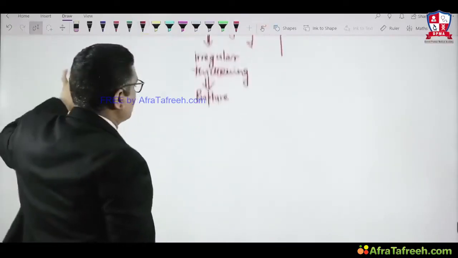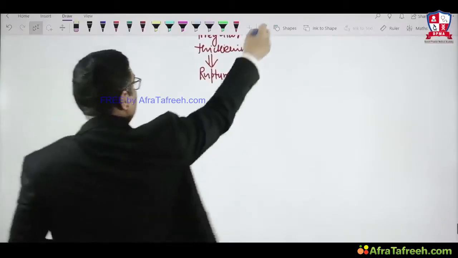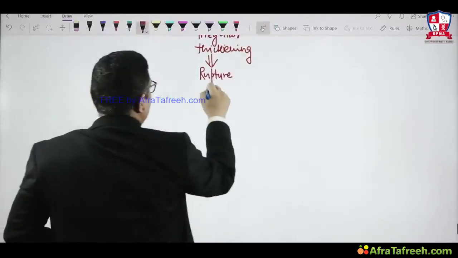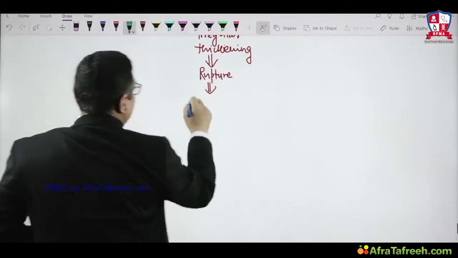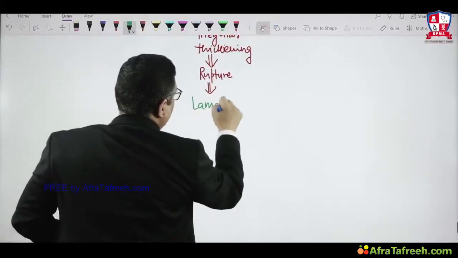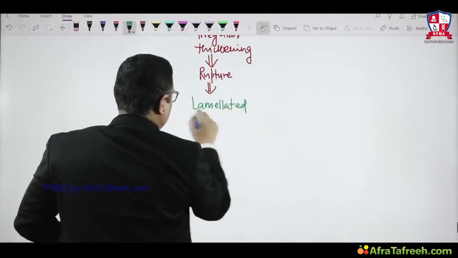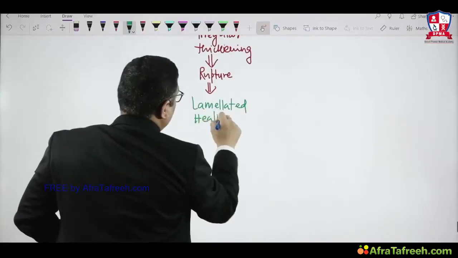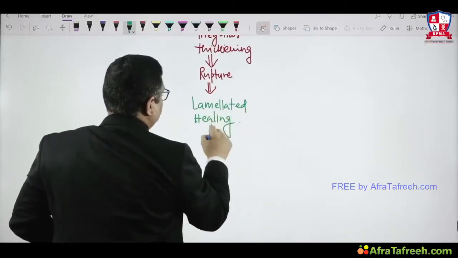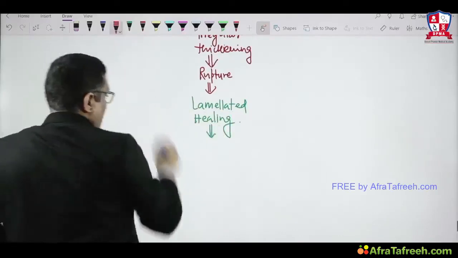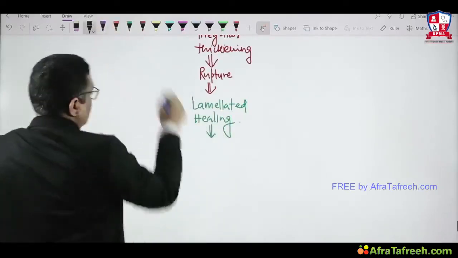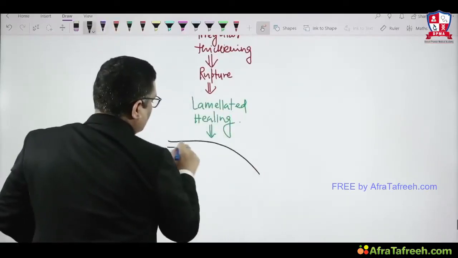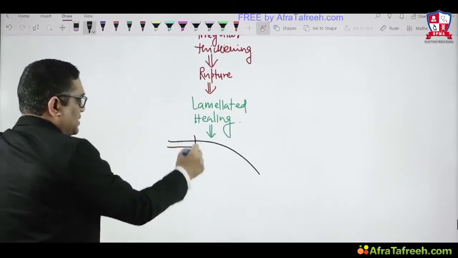And after this rupture, they will heal by lamellation, right? So lamellated healing will be there. Because of the lamellated healing of the basement membrane, suppose I am showing you, this is the normal basement membrane, up to this area.